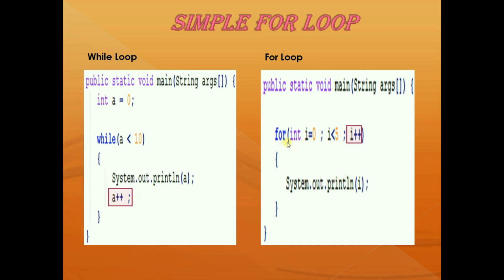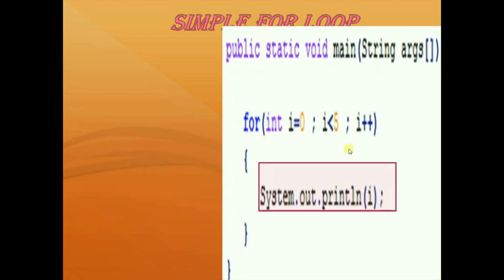But in for loop you can do it here, right? Whenever you are declaring for loop. Okay, so in this way you have more control over your code, and then you can just print the value of I one by one based upon the value update.